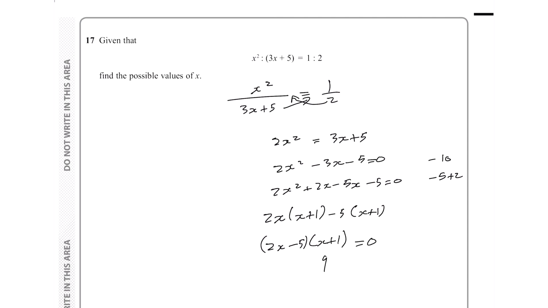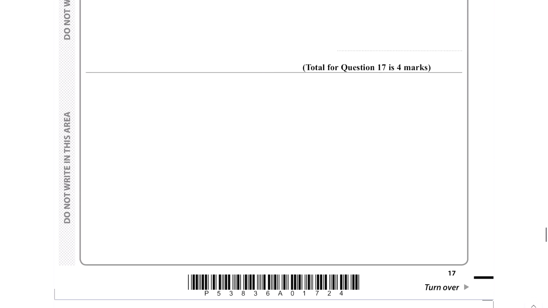Now in order to make this 0, that's got to be minus 1, and that's going to be 5 over 2, which is the same as 2.5. So those are the possible values of x.